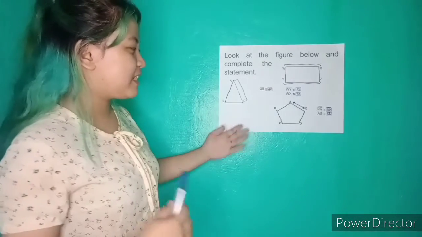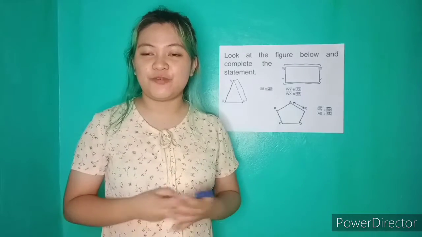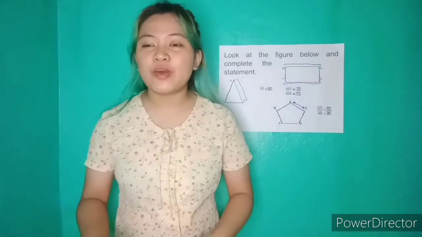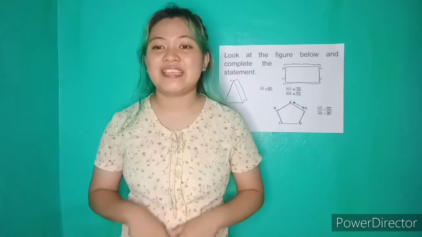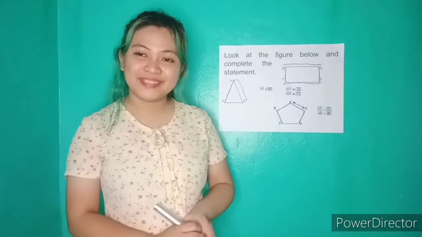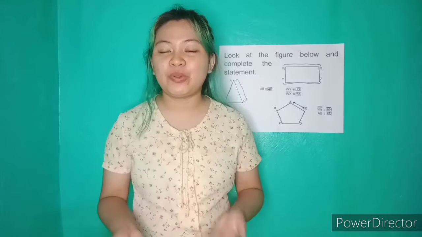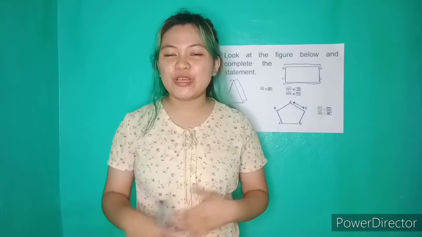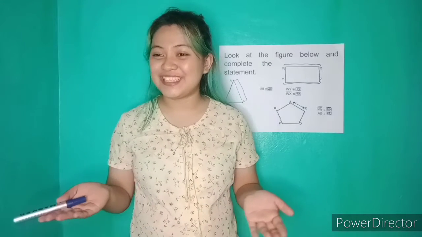Since we're done with this activity, I will ask a few questions for everyone. My question is, how are you able to identify line segments? As we go on with our topic for today, we will be able to answer these questions. Next question is, do they have the same length? Yes? No?